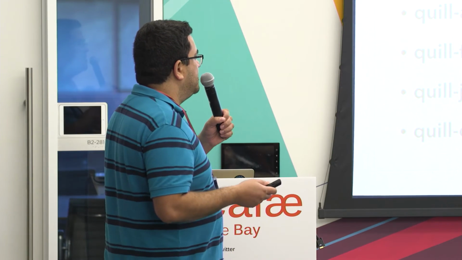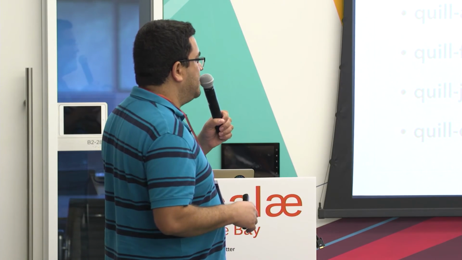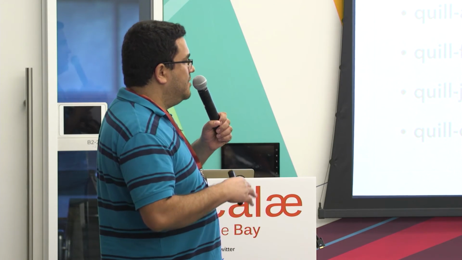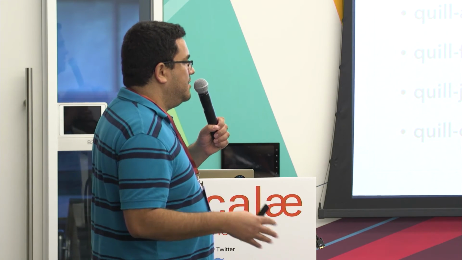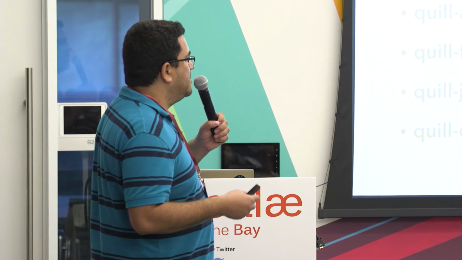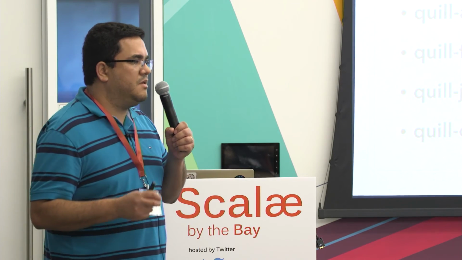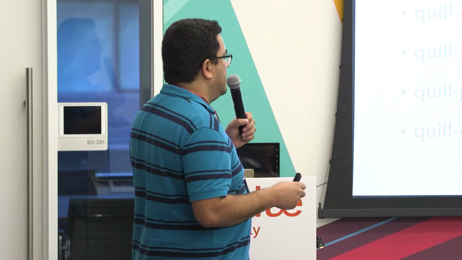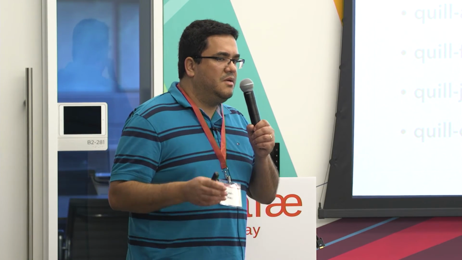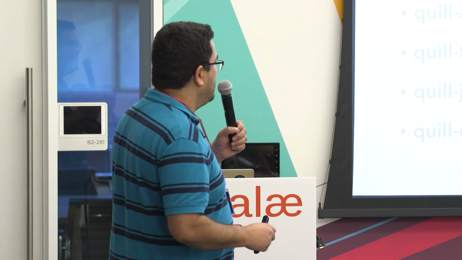And then there is Quill SQL that has the driver agnostic SQL generation. It doesn't know anything about the actual database driver. And then there's Quill Async, MySQL, and Postgres. They provide fully non-blocking I/O for MySQL and Postgres. This is not just a wrapper on top of blocking JDBC.